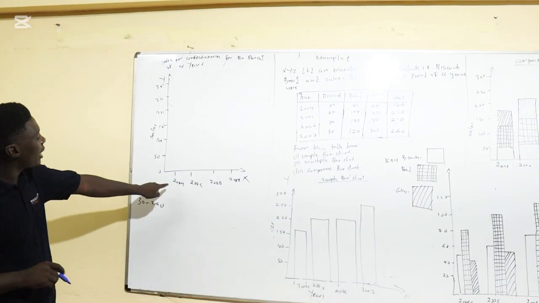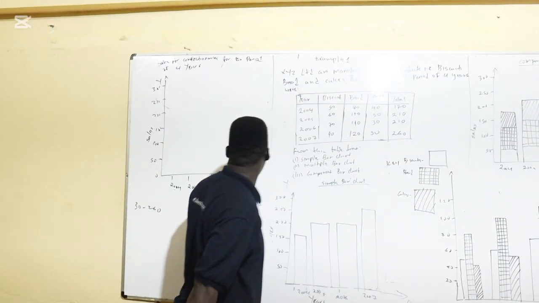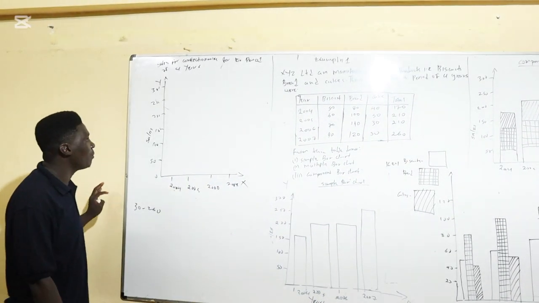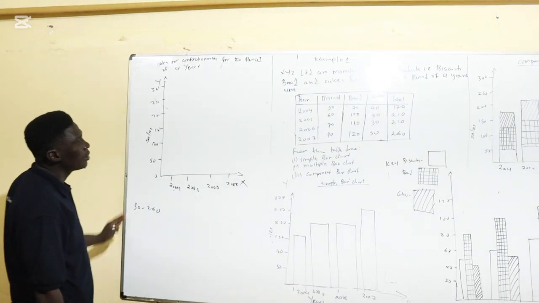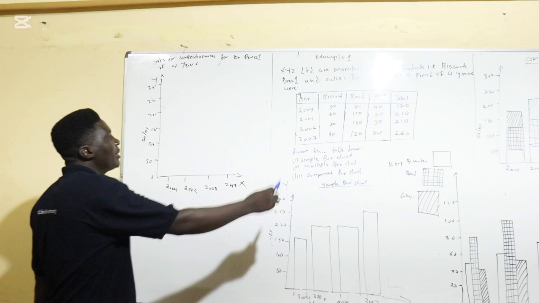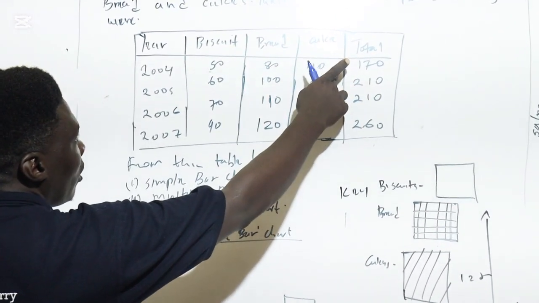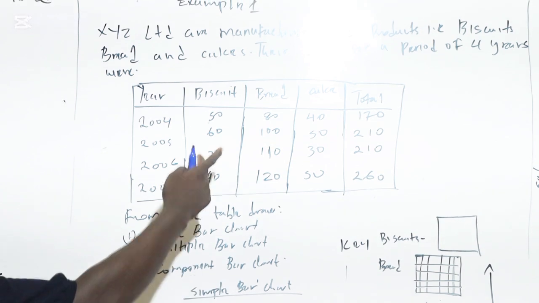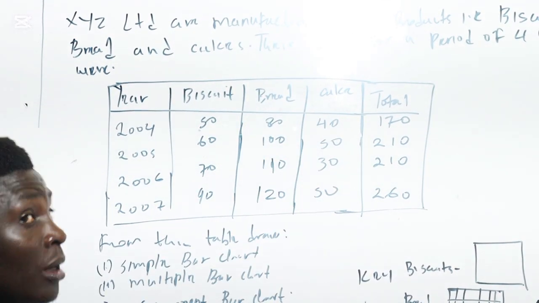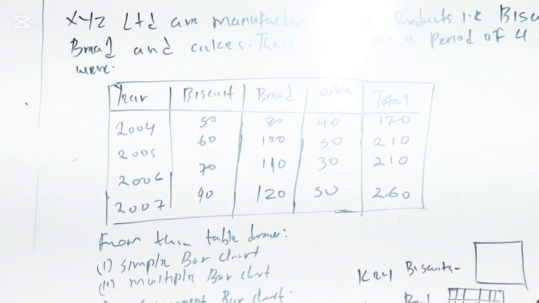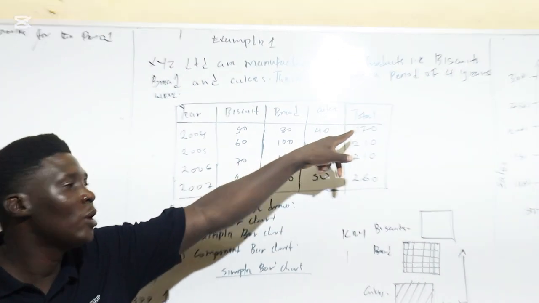Now this is what we are going to do. We'll check the values across each and every column. For example, for 2004, we have the value of biscuits, the value of bread, and the value of what? Cake. Now we'll get the summation, the total of these. So 50 plus 80 plus 40 will give us what? 170. So our first bar for 2004 will be equivalent to 170.